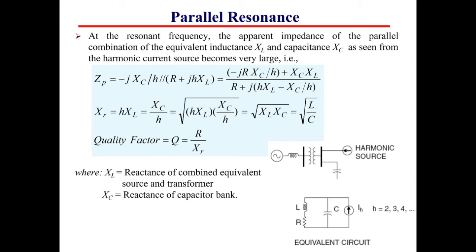At the resonance frequency, the apparent impedance of the parallel combination of the equivalent inductance and capacitance, as seen from the harmonic current source, becomes very large. That means the capacitor and the inductor are connected in parallel, and the resistance will be part of that inductor.